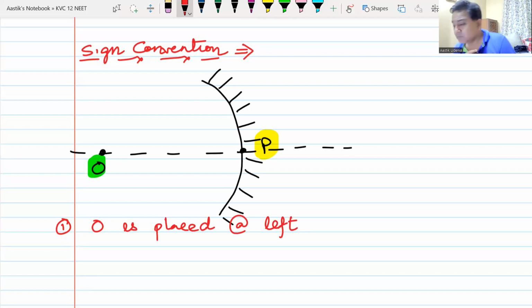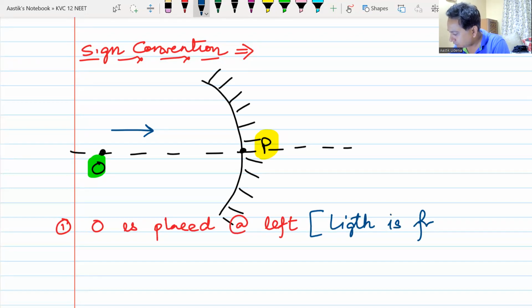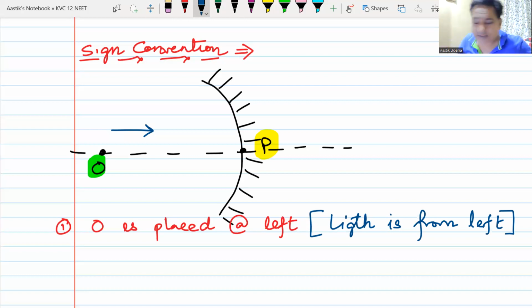Now instead of calling it an object, we can say that light is coming from the left hand side. Do we understand this? Yes or no? Normally this is what we do. If the light comes from the right hand side, then the story becomes reversed, nothing else.